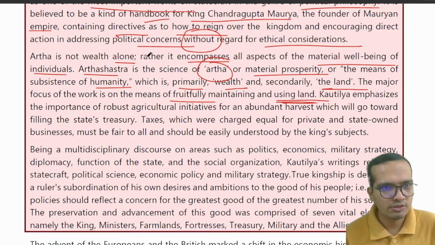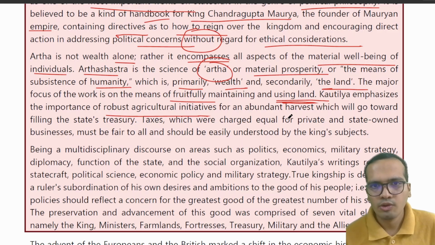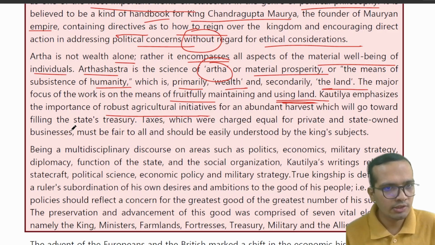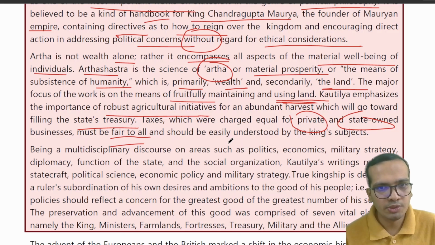Kautilya emphasizes the importance of robust agriculture initiatives for abundant harvest, which will go towards filling the state's treasury. Taxes, which were charged equally for private and state-owned businesses, must be fair to all and should be easily understood by the king's subjects.